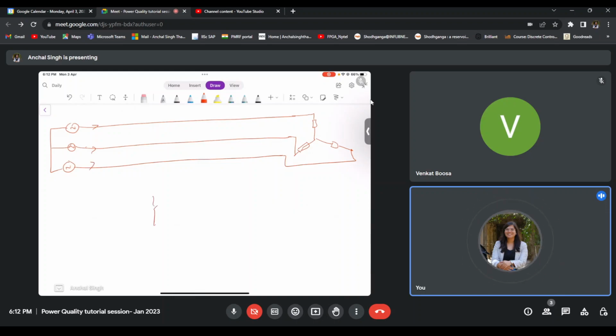So I will take a three-leg converter, that is the hardware. I will take switches, I will take DC link capacitor, I will take interface inductors. Again, I am taking a three-phase three-leg converter. You could take any other topology as well.